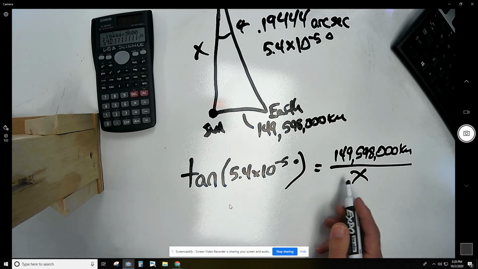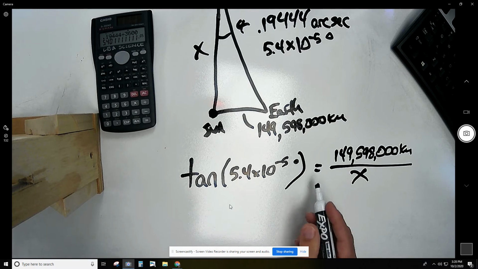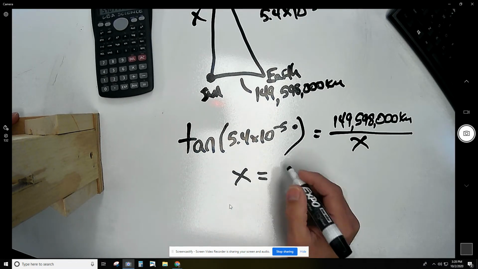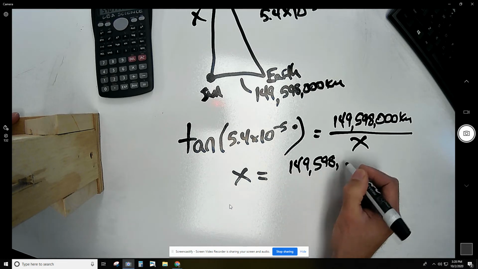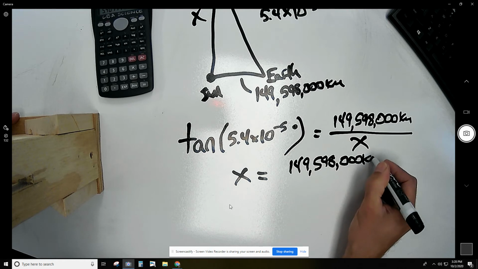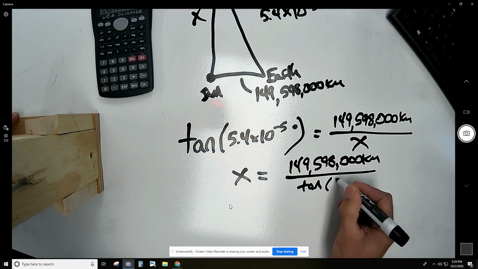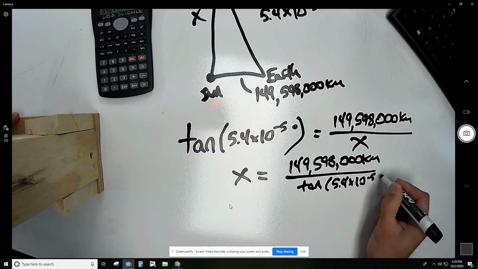Okay, so we got to solve for x, which basically means we got to swap places with these two things. So I'll rewrite this again. X is equal to 149,598,000 kilometers over the tangent of our tiny little number, 5.4 times 10 to the negative 5th degrees.